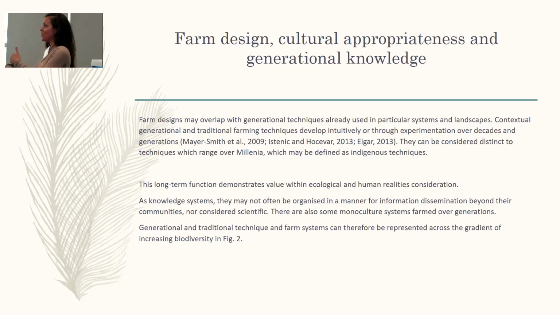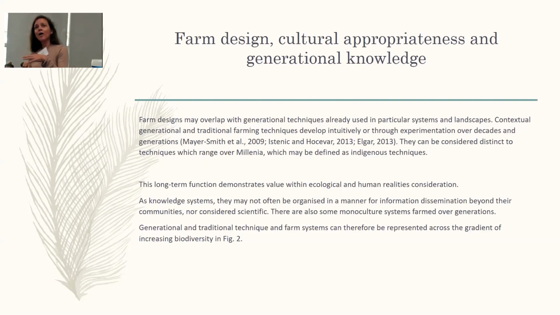Farm design might come in, but I don't want to champion farm design as the solution for everything without this consideration, which is that there's an opportunity for learning and exchange rather than just a one-way transfer of knowledge, and that needs to consistently be considered.